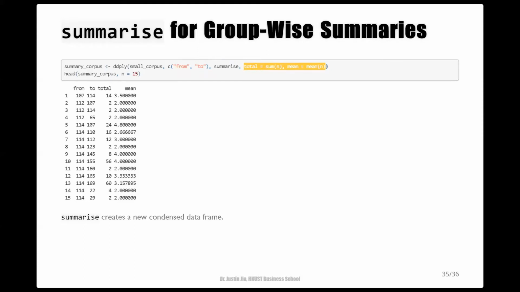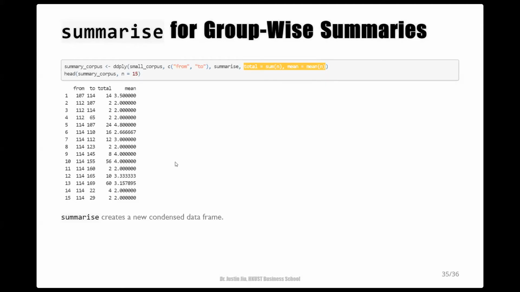And the following named arguments, which will be passed on to the summarize function, indicate the type of summary statistics the summarize function should produce. Here we require the summarize function to produce both group-wise sums and group-wise means, all at once.